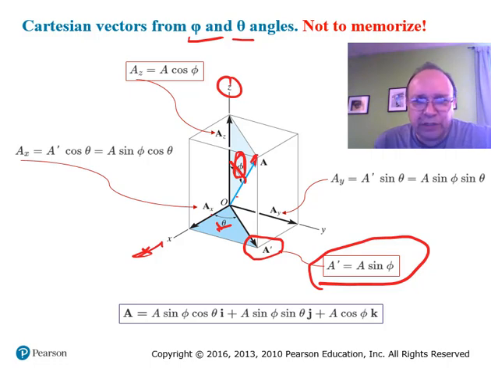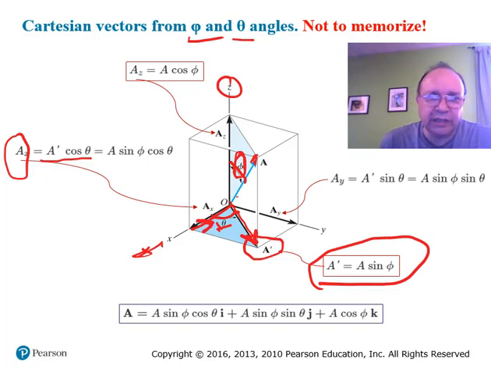And once you have this projection here at the bottom, you can get the components x and y based on the theta angle. So Ax will be A prime cosine theta, by looking at this right triangle where this is the 90-degree angle.